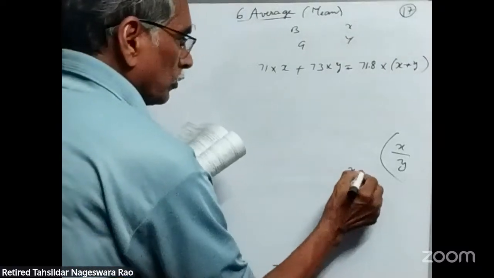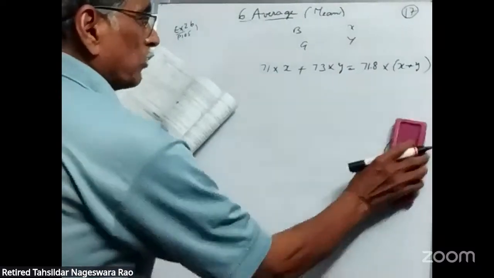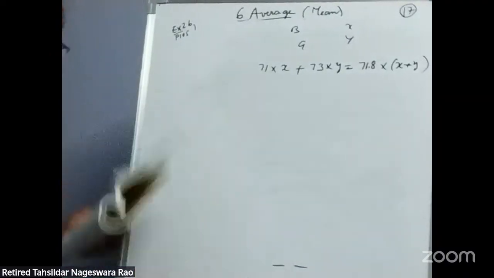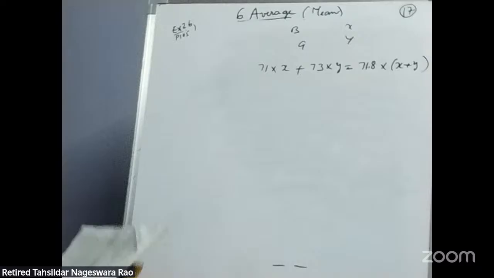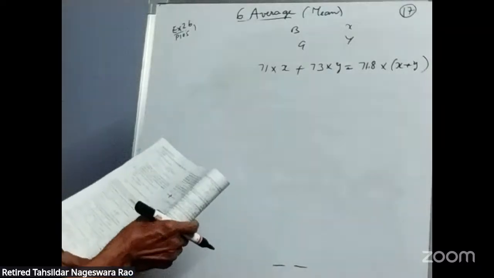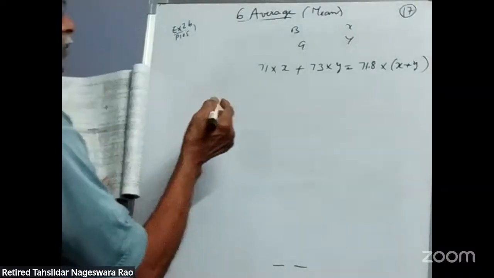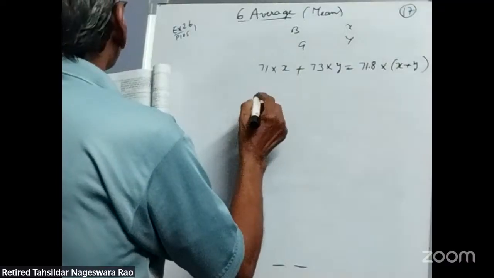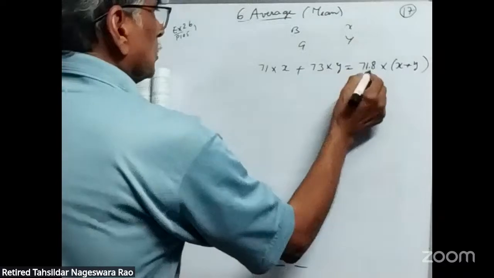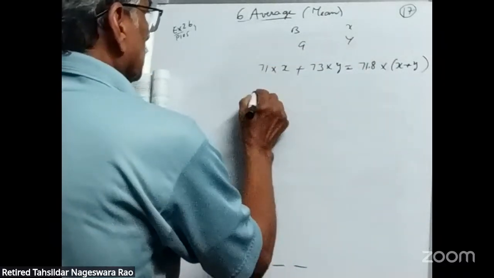If x is equal to 2y or something comes, you can find the percentage. 71x take to the other side.